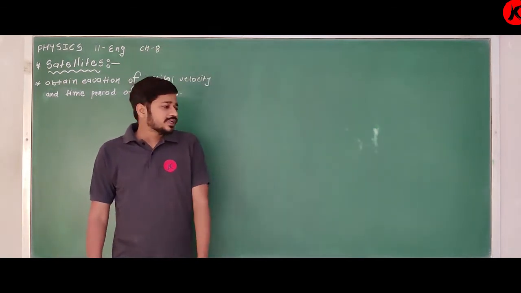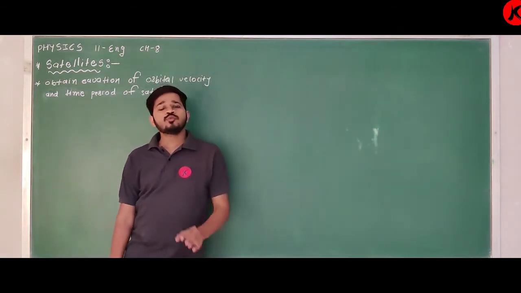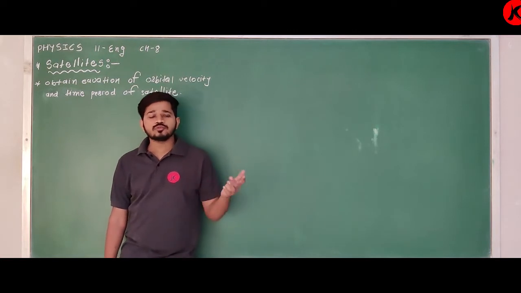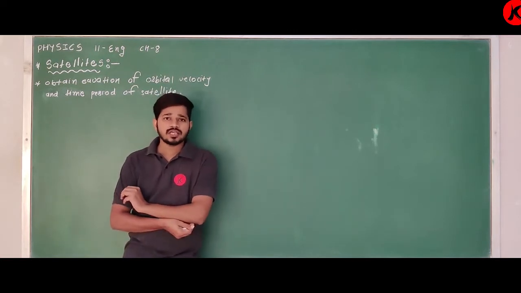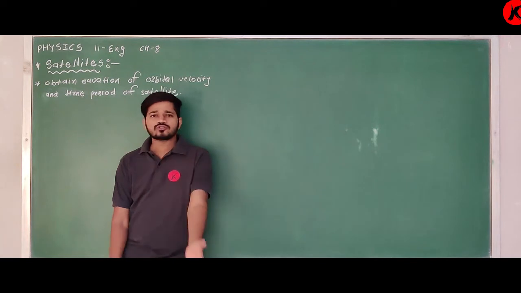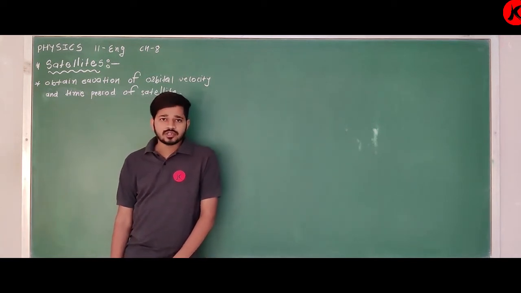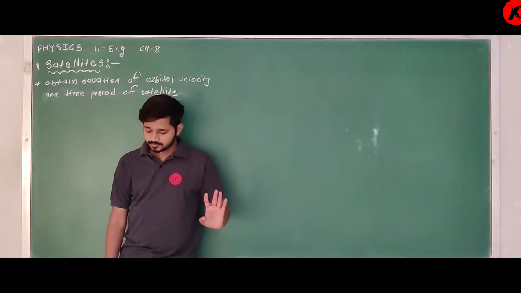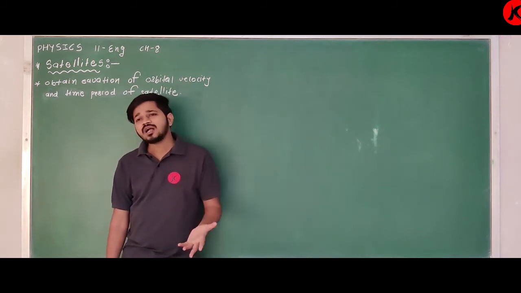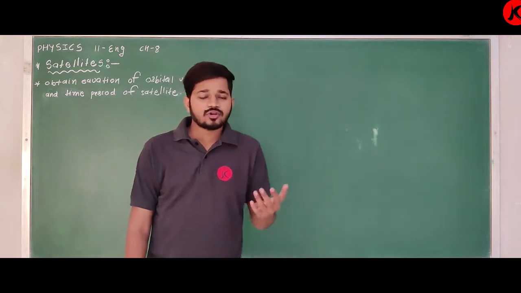The moon, for example, is revolving around Earth. The moon is a natural satellite of Earth, and its orbit is almost circular. There are some artificial satellites also.